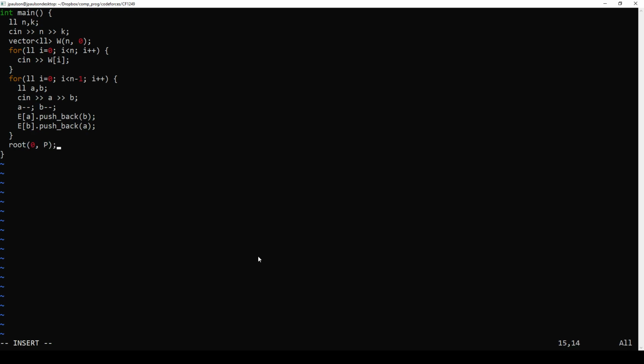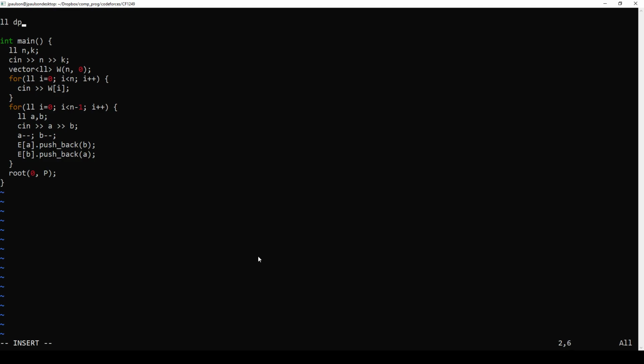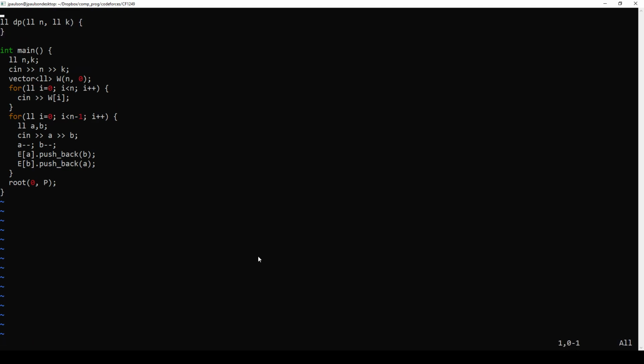The basic structure here is we're going to have a DP for our current node. And I think this is going to be the distance.